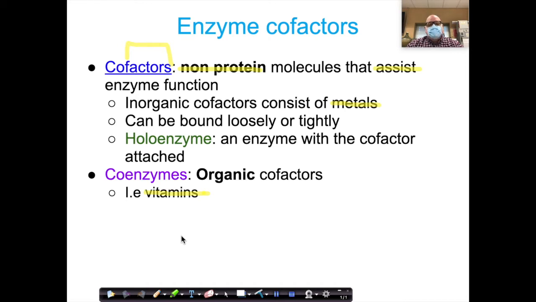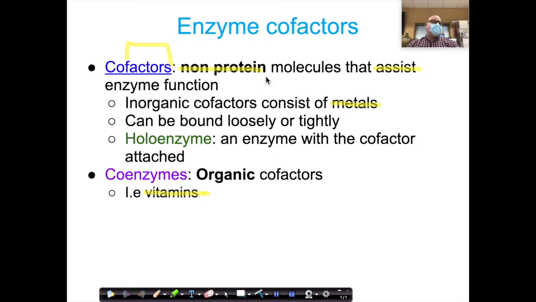There are certain enzyme reactions that do not happen without essential vitamins that your body has to obtain through nutrition. Usually your body can't make most vitamins without outside help. So these are things that are assistants.